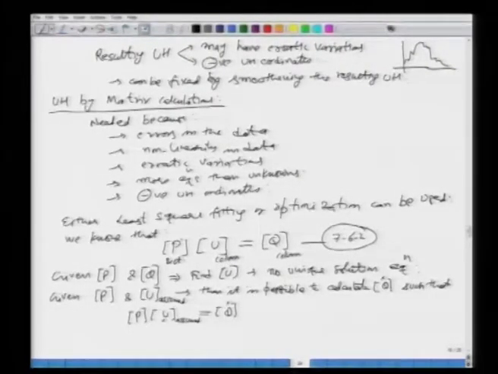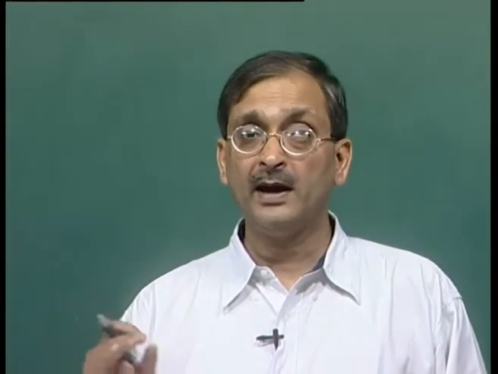It will not be exactly equal to Q, the known DRH ordinates, but some other values Q hat, and the difference between Q hat and Q will be the error.